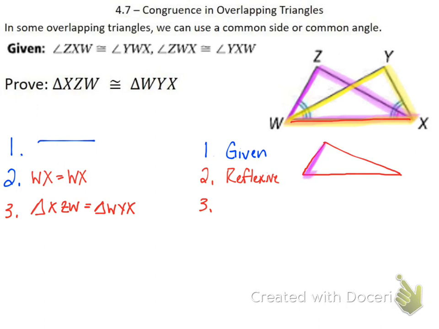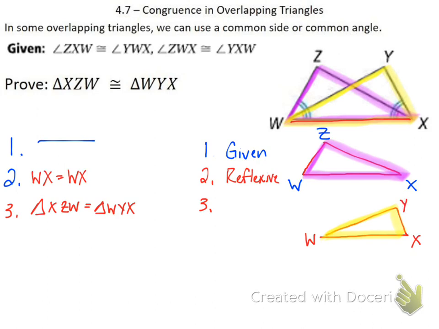There's my purple triangle, and then there's my yellow triangle. Let me label these points: I've got W, X, Z, and this one is W, X, Y.